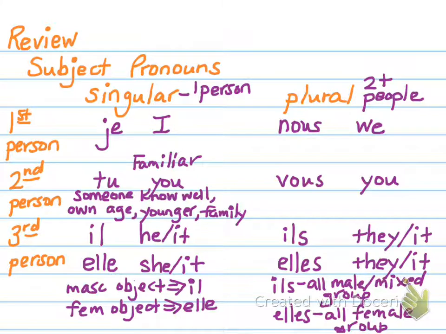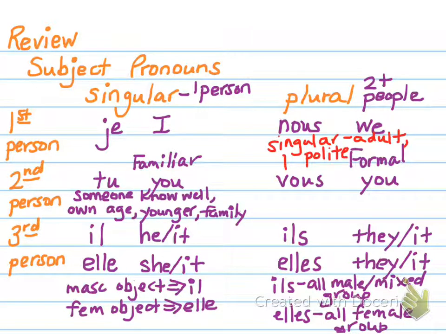For the vous, this is called the formal you. So this vous is sometimes singular. It can be singular, and then I'm talking to an adult I don't know, or I'm being polite. Vous also can be plural.